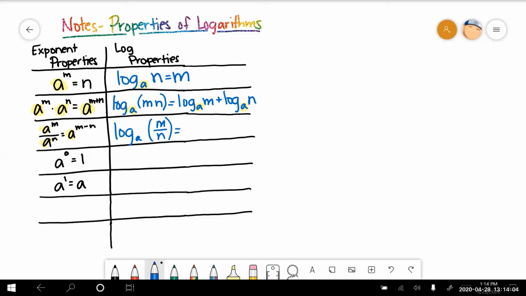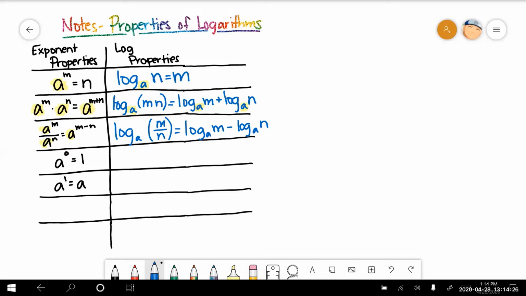And you guessed it, we're going to subtract those. So split them up and use subtraction. There's a lot of relationships going on between the log properties and the exponent properties, so be very aware of those.